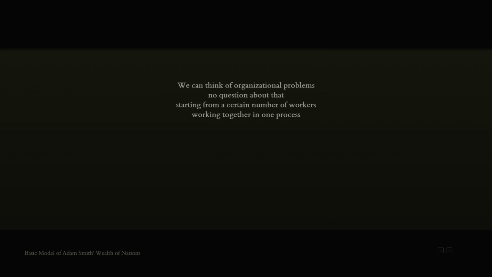We can think of organizational problems, no question about that. Starting from a certain number of workers working together in one process, you will have so-called organizational costs. There might be more room for cheating or whatsoever.